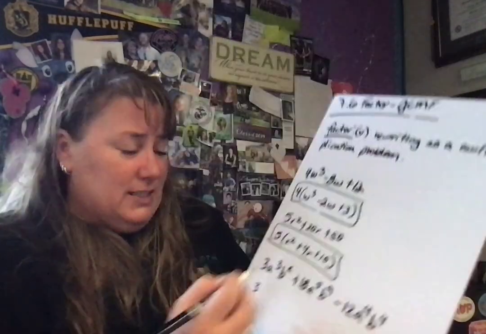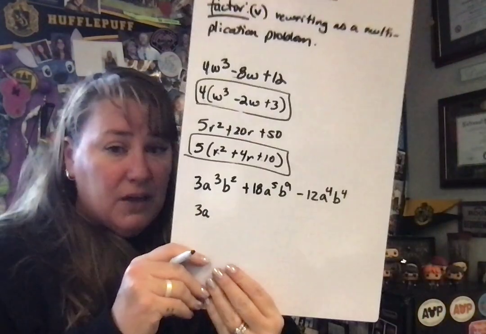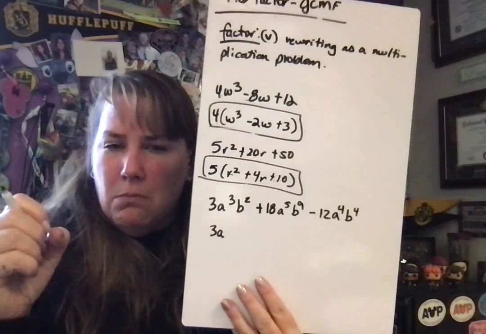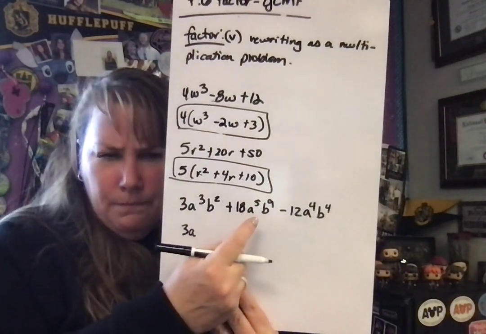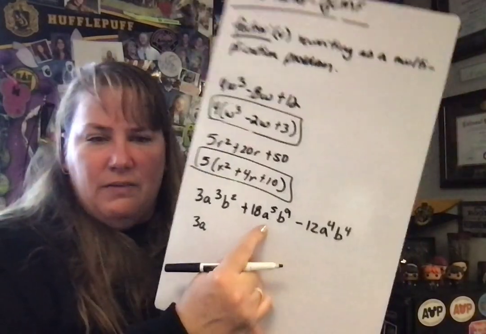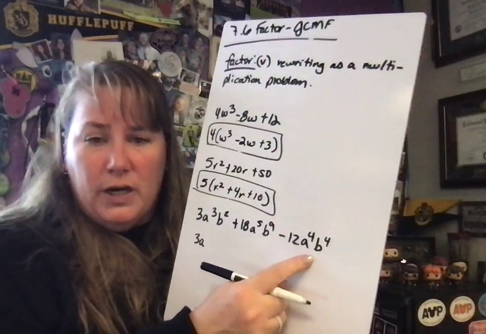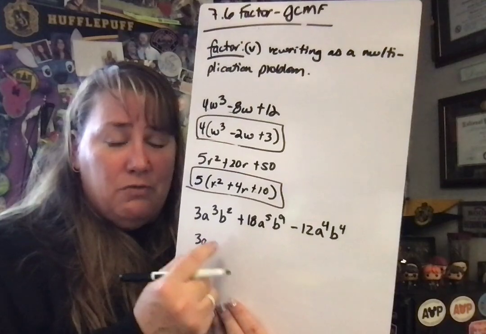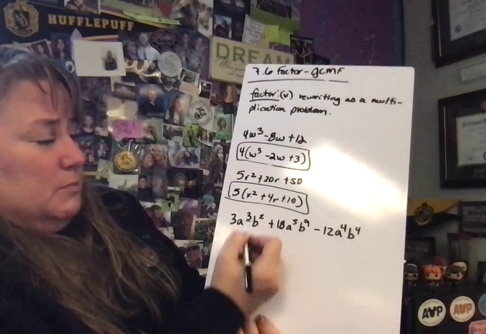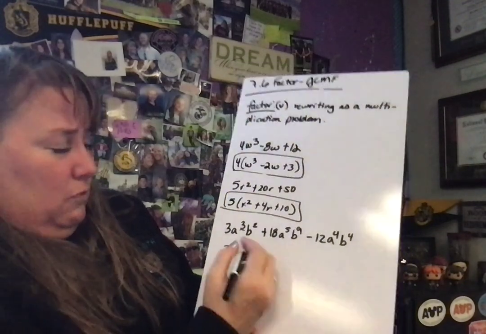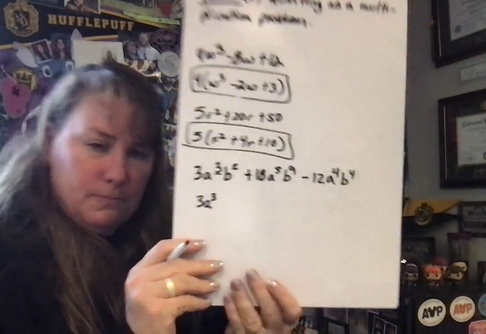So now I know I can take an a out of all of them. But remember, you're taking the most amount of a's that each term has in common. This term has 3 a's, this one has 5 a's, and this one has 4 a's. So the greatest common monomial factor for your a is going to be your lowest exponent, a cubed. So it's 3a cubed.